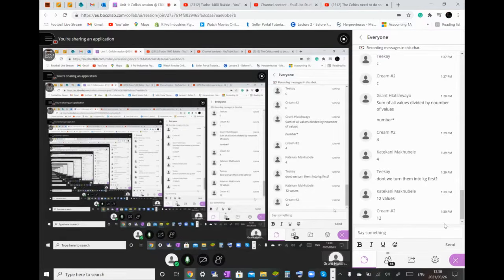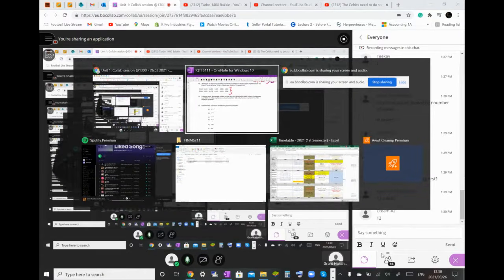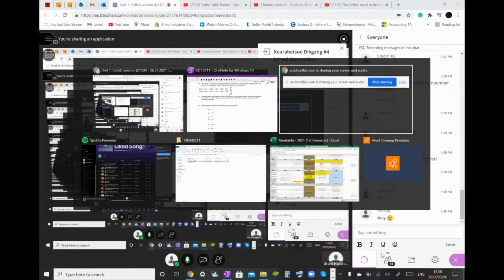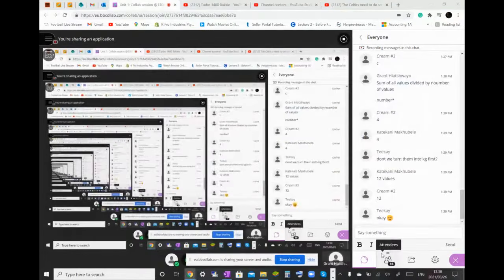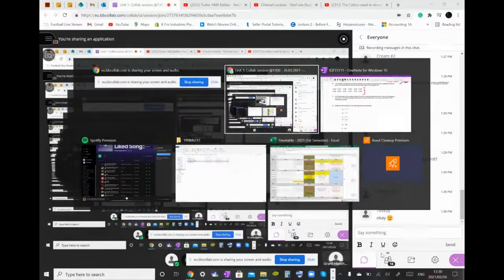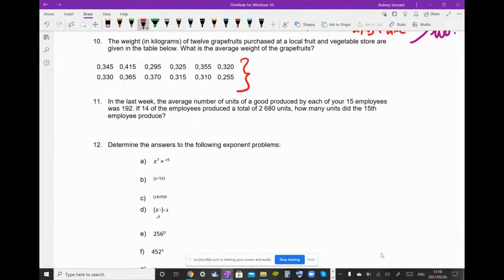So they don't mind, so we don't have to turn it into kgs per se. Right. So yes, 100%, the total number is then 12. Okay, there's a 12.